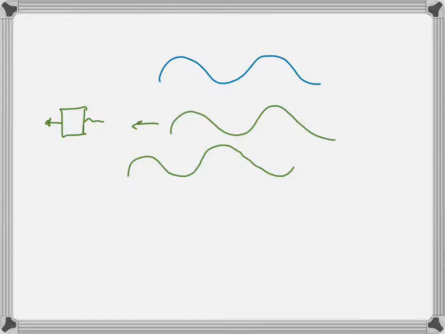Or we can do something to the wave. We can have the wave go through some container filled with a gas which has a different speed of sound. And so we have slowed down the sound by some amount, and we've shifted the sound relative to the blue wave.